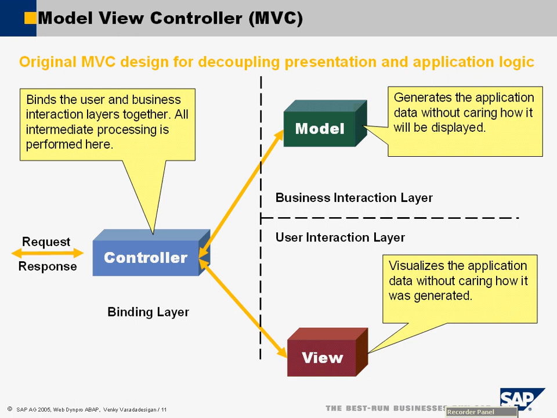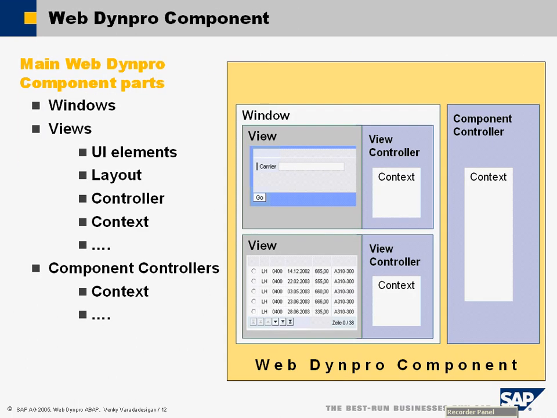It is just inspired by the MVC, so to say, because in the MVC the model will be able to communicate with the view directly when any of the attributes change. But that's not possible in Web Dynpro. So we have controllers, yes, and the views, yes, and the controller will talk to the model, which could be typically an RFC or a function module or ABAP object class, right, directly.